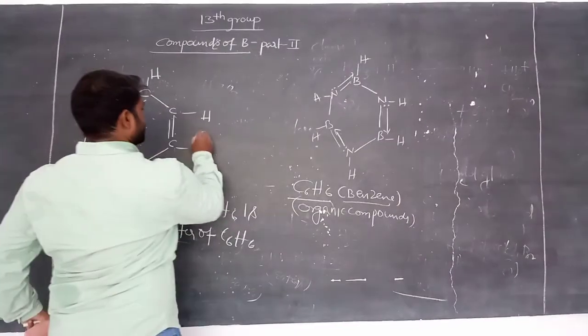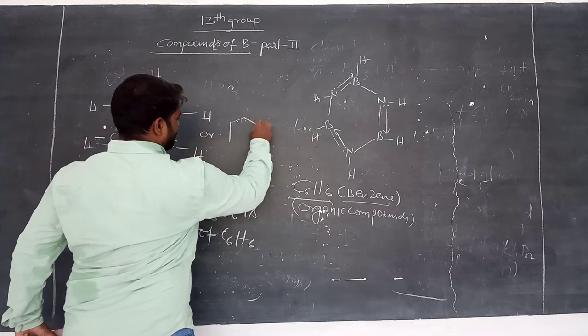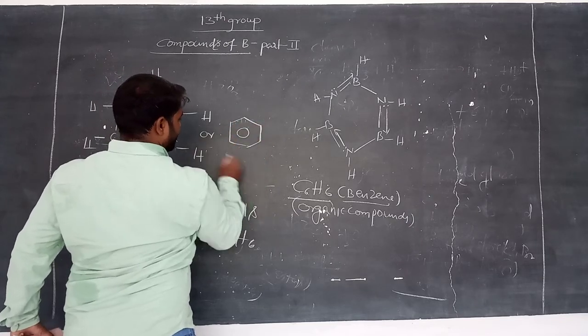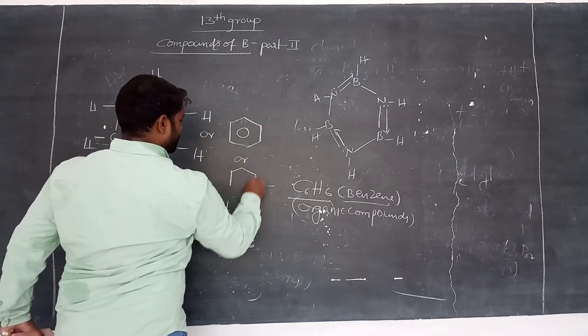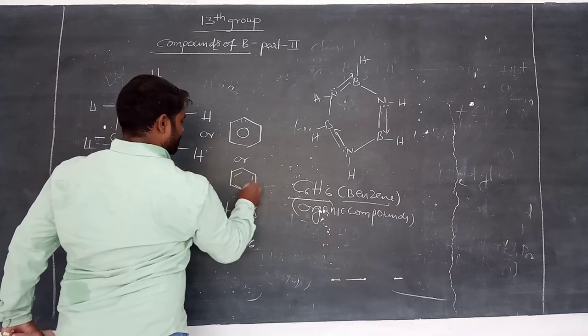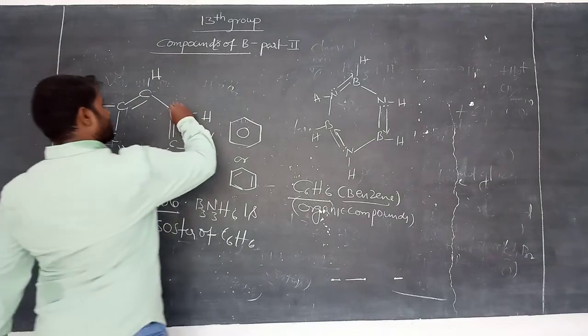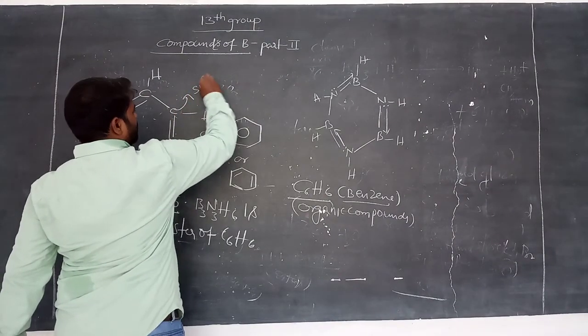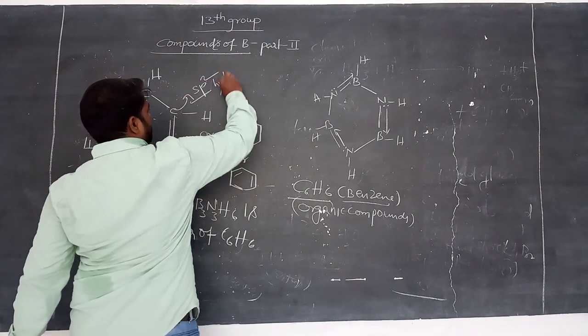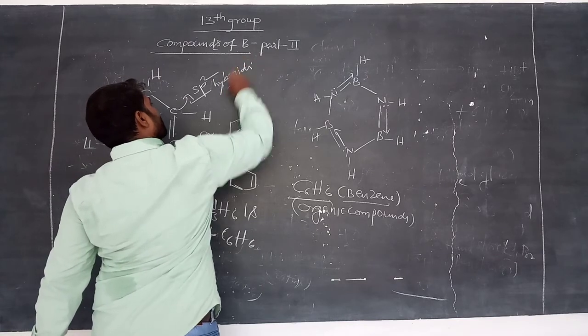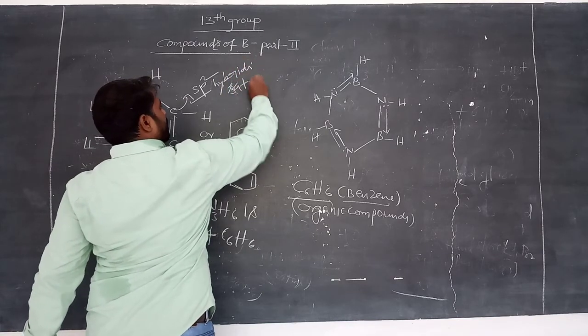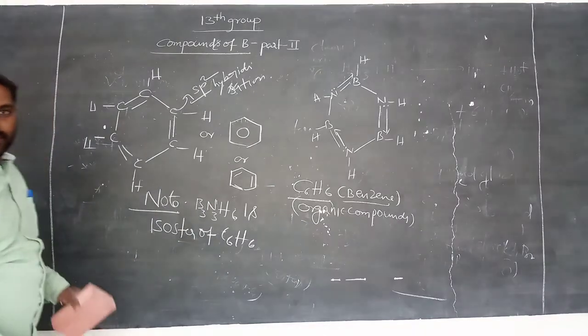We can also represent this structure here also. Okay, here borazine compared with benzene, the hybridization of carbon in this compound is also sp2. Remember this very important point.